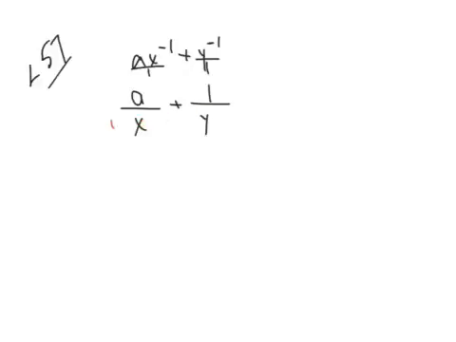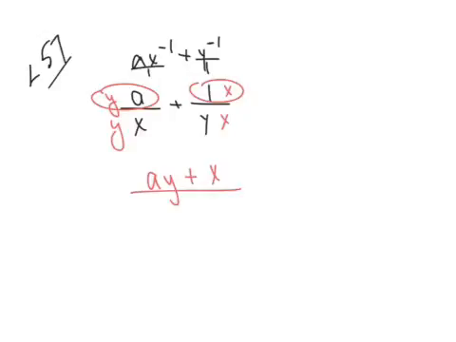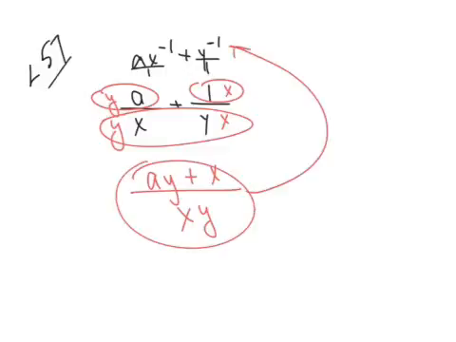I'm missing a y, so I'm going to multiply both sides by y. And what am I missing here? I'm missing an x, so I'm going to multiply top and bottom by x. So I've got ay plus x all over my common denominator, which is just xy, and I'm done. That is the sum, and I have all positive exponents.